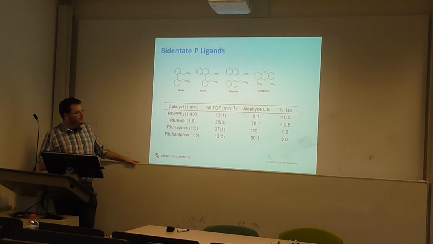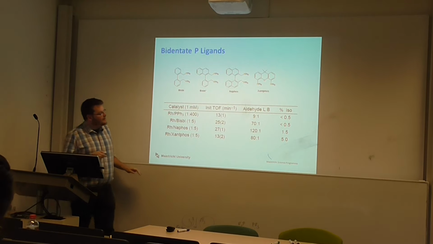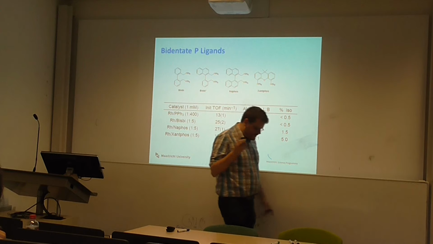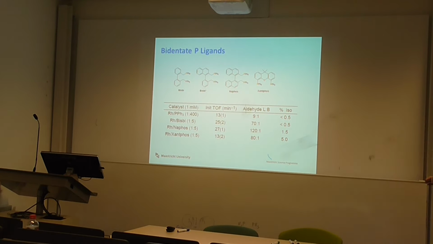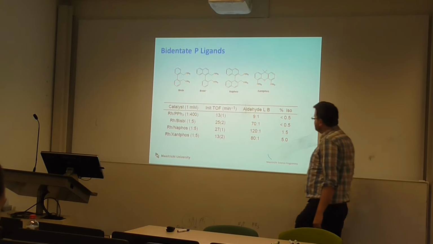You can see you've got about 10% branched aldehyde. And you can dramatically switch the selectivities around by changing the ligand. Now, this Xantphos ligand is considered a benchmark ligand.